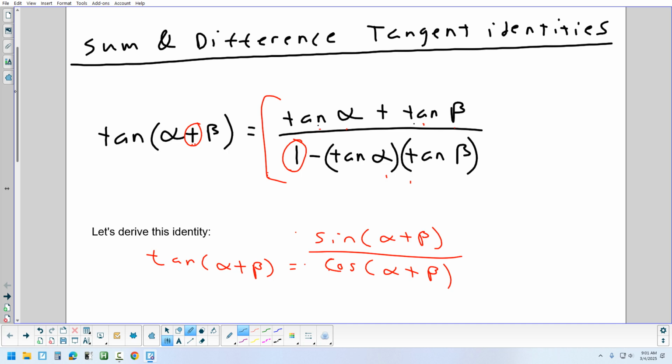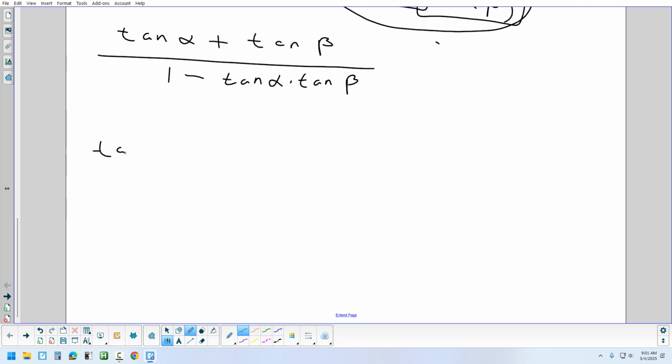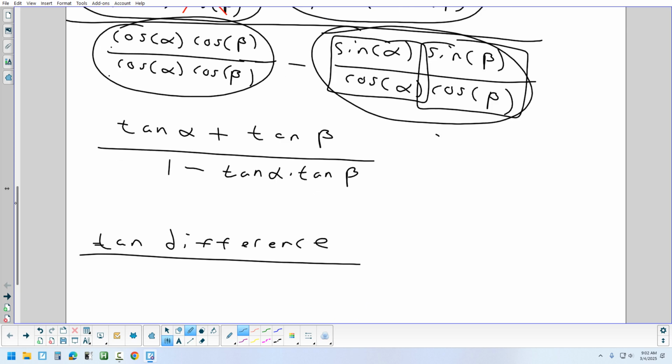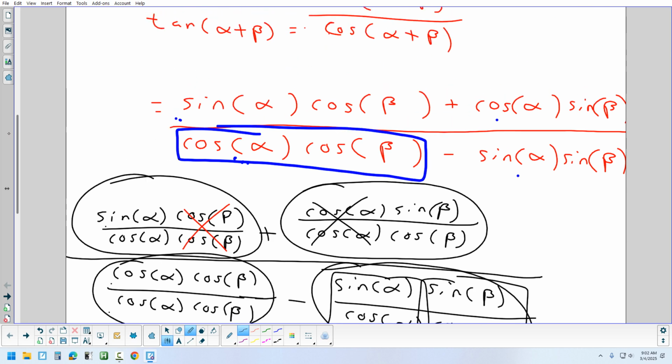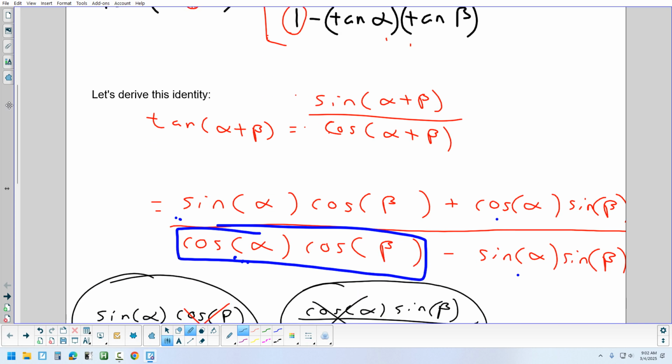And how do you know the sine and the cosine one? Well, we proved those yesterday. So kind of building on what we did. Now the tangent of a difference, I can write that down. I'm not going to go through the whole proof. Basically, all that would happen with a difference is when you rewrite it, the signs would change.